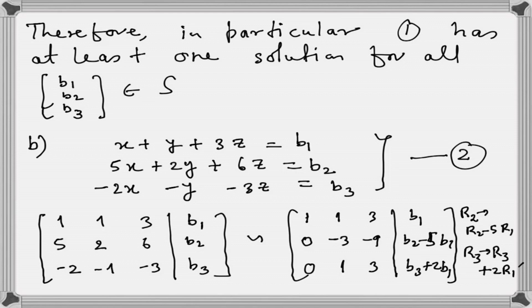All right. So next we'll apply the transformation R3 replaced by R3 plus 1/3 R2. Okay, so let's see this elementary row operation, R3 as R3 plus 1/3 R2. This will reduce the system of equations further.